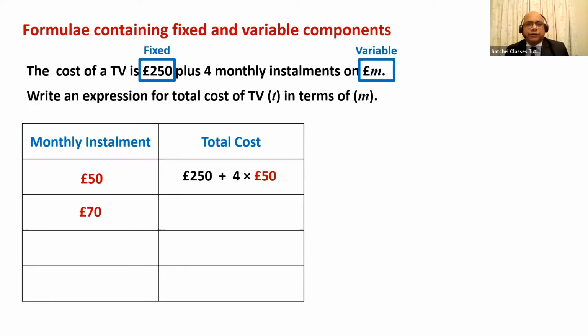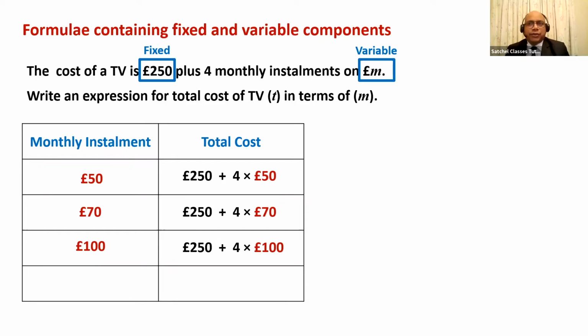Once again, the down payment, because it's a fixed cost, you'll always pay £250. But in this case, there'll be 4 installments, each of £70. So the total cost will be 250 plus 4 times 70. How about if the monthly installment was £100? The total cost of the TV would then be £250 plus 4 times 100.